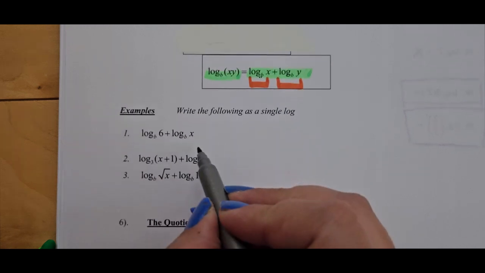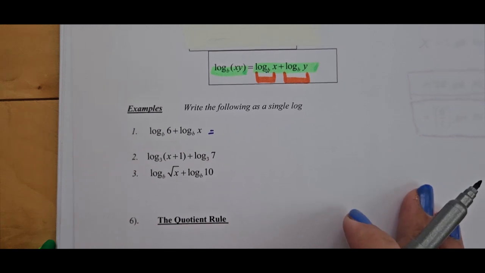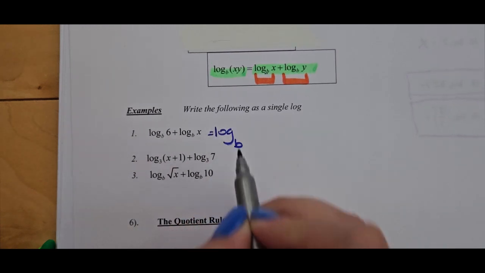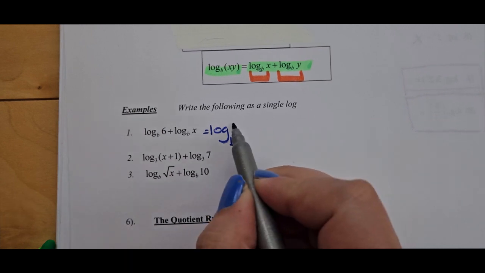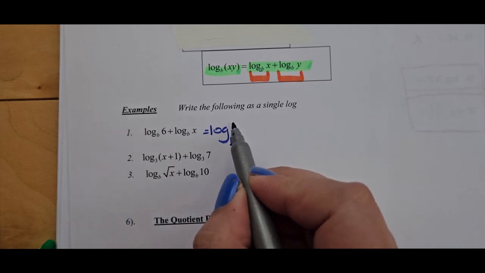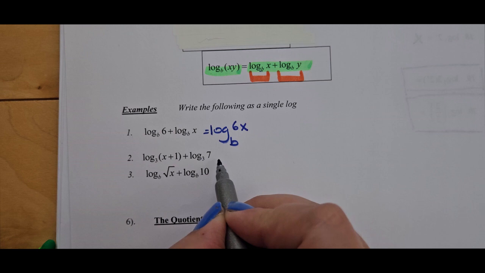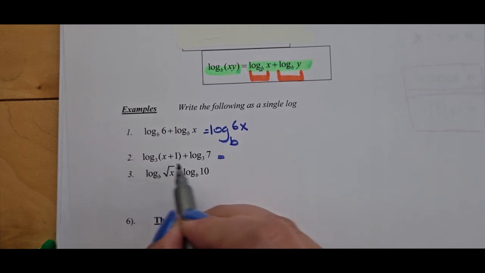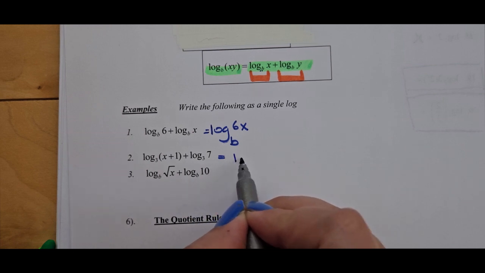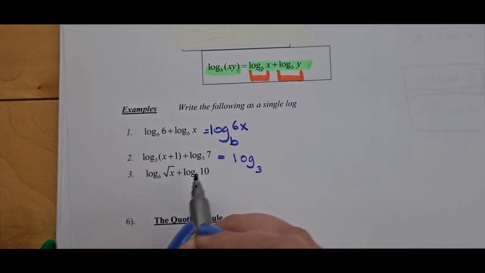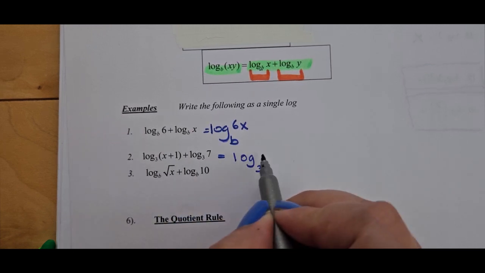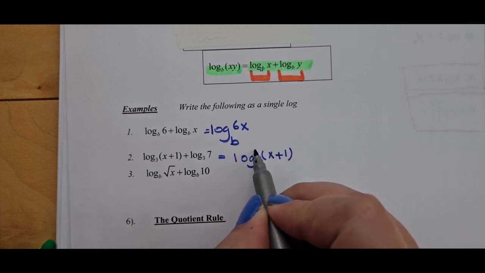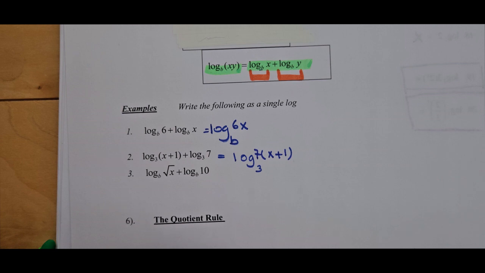So if I want to use this rule, first of all, let's write the base, and here it will change into 6x. How about here? You have the same base. First of all, check the base. Base is 3. Now, you have x plus 1 multiplied by 7.